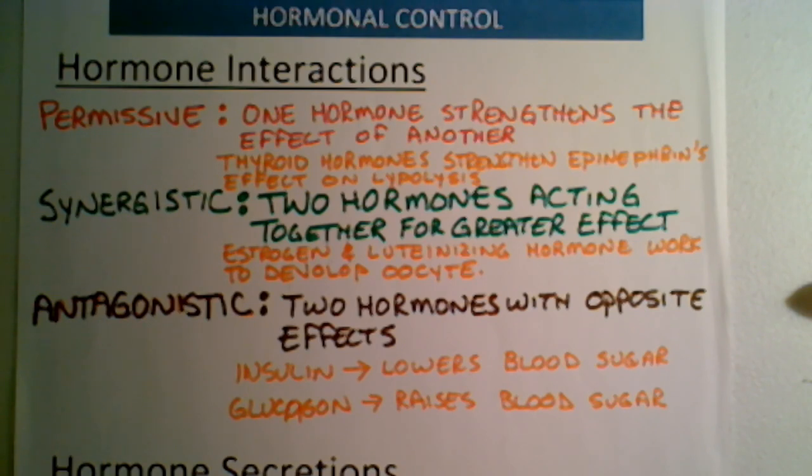So calcitonin actually takes calcium out of your blood by stimulating osteoblast cells, and parathyroid hormone adds calcium back to your blood by using osteoclasts. And we'll probably talk about this a little bit later on in this chapter too, to remind you. But these are just hormone interactions.